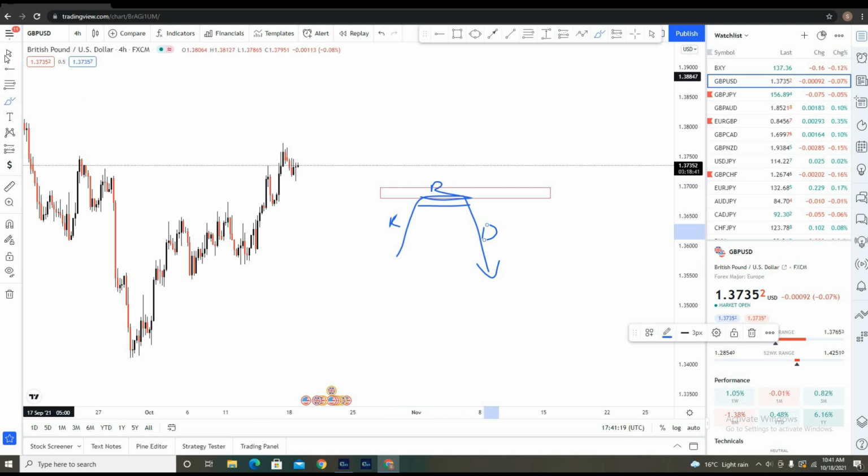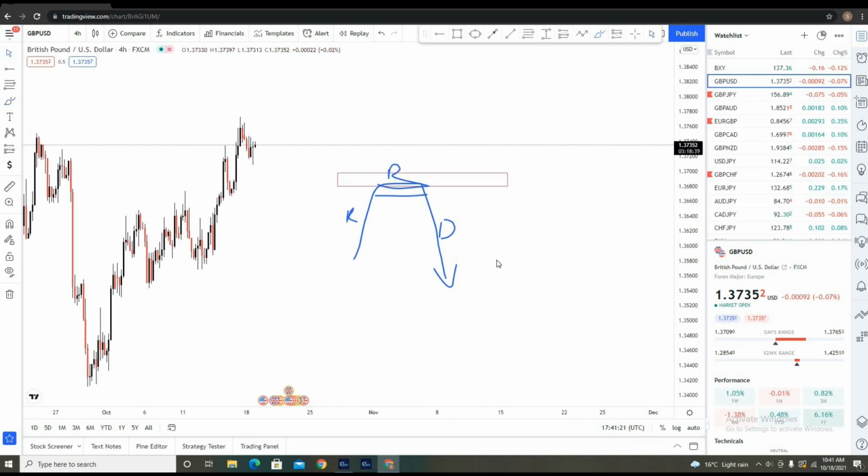This is the pattern we're going to keep in mind, but we can also implement the same concept to our continuation patterns, where we are moving to the downside, create a base area, and we then focus on this area as our sell zone.